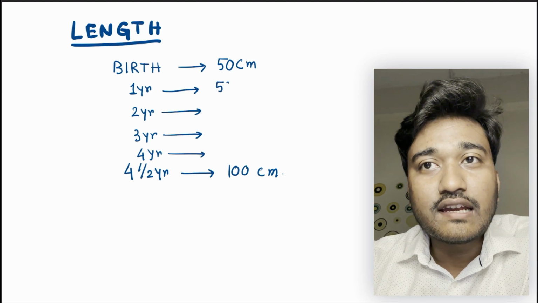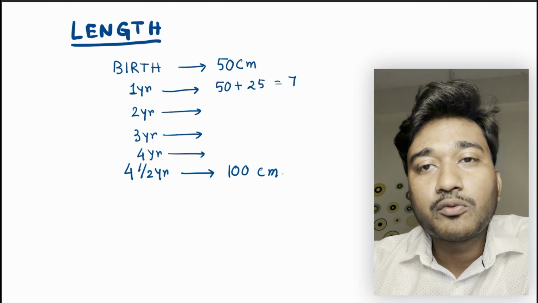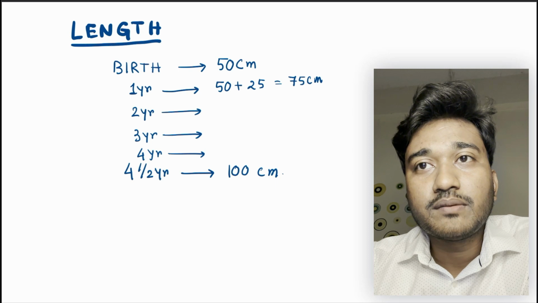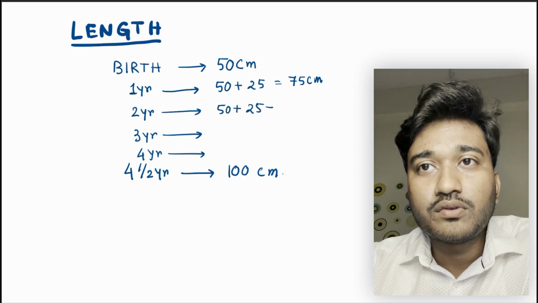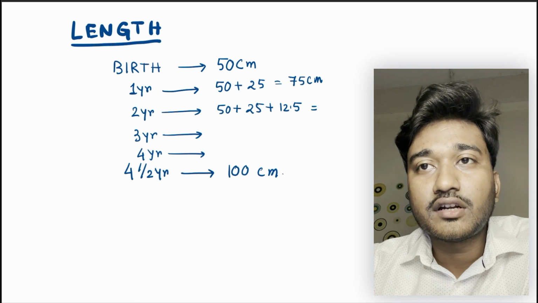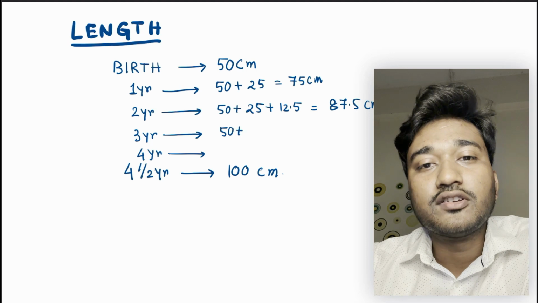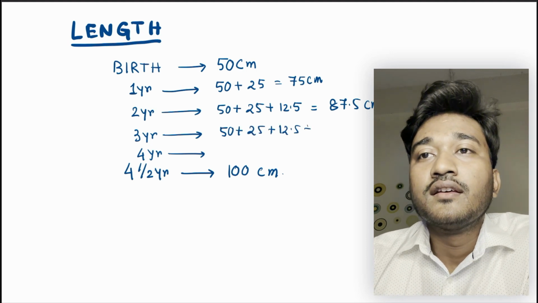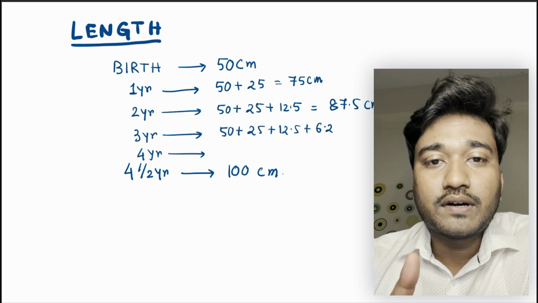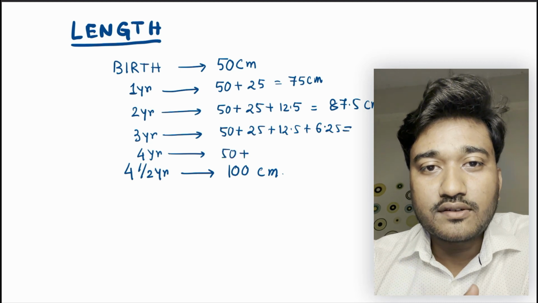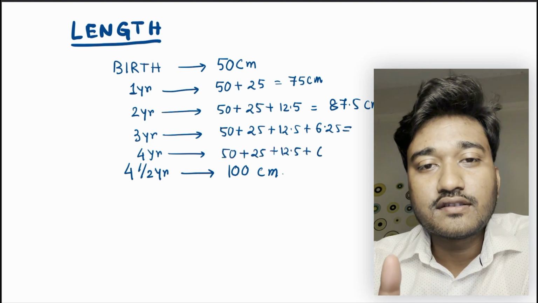In the second year you add half of 25, that is 12.5. So 50 plus 25 for 1 year, for 2 year 50 plus 25 plus 12.5, for third year 50 plus 25 plus 12.5 plus 6.25, and after that 3.12. So just remember two things: at birth 50 centimeter, at 4.5 years of age 100 centimeter. This is the normal length.